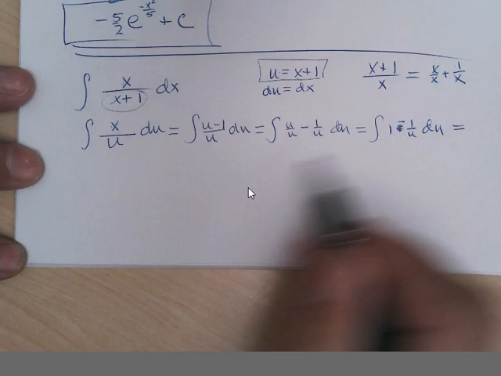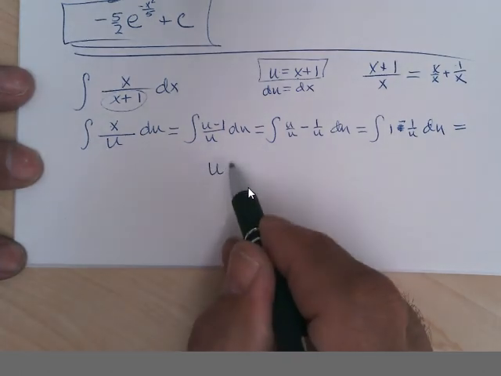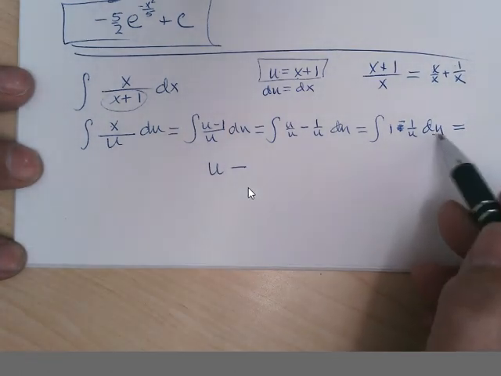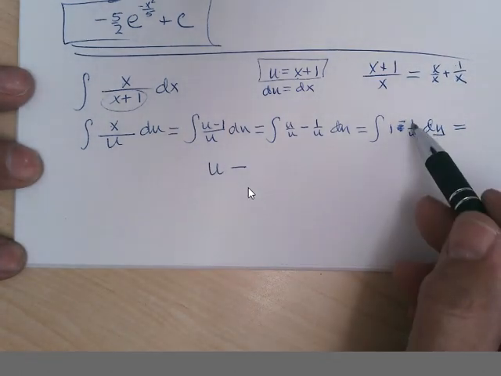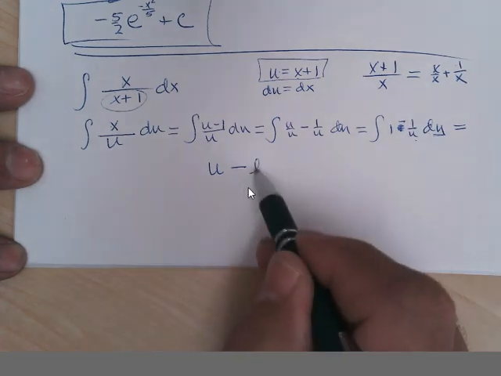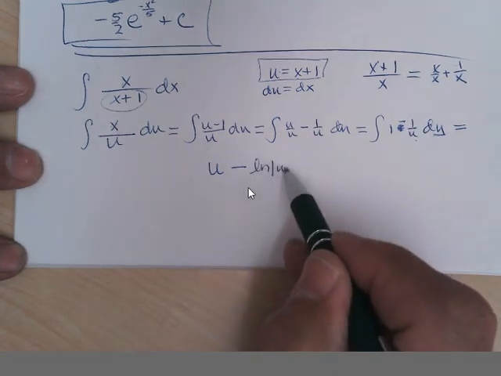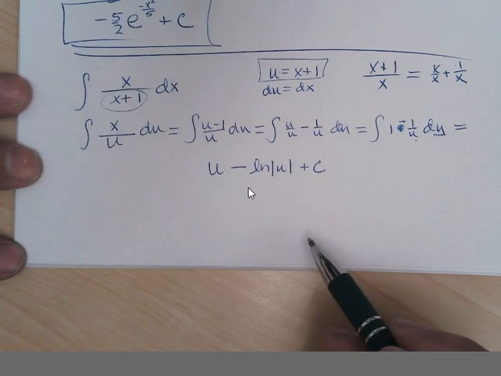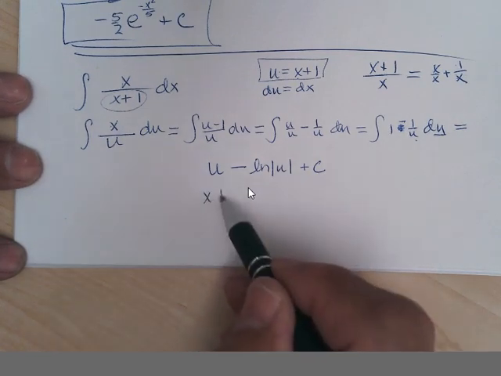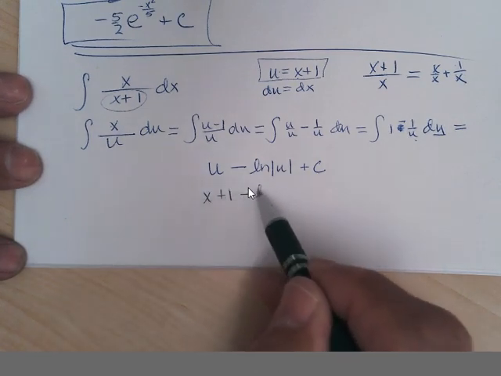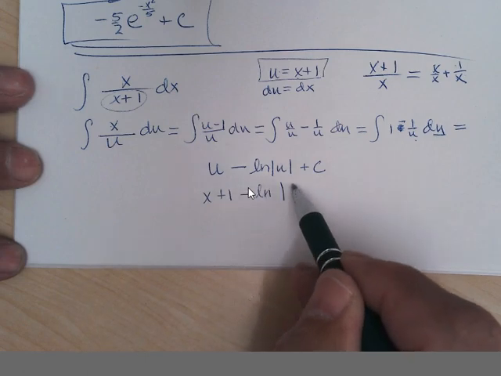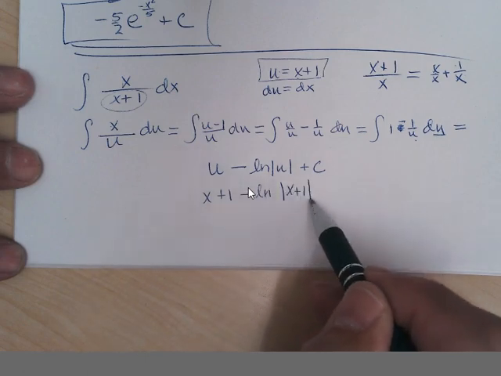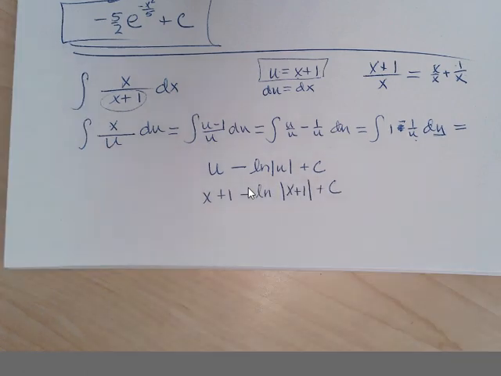The antiderivative of 1 would be u, because we're doing it with respect to u. And the antiderivative of 1 over u is ln, absolute value of u. Changing back to x's, it's x plus 1 minus ln, absolute value of x plus 1 plus c.